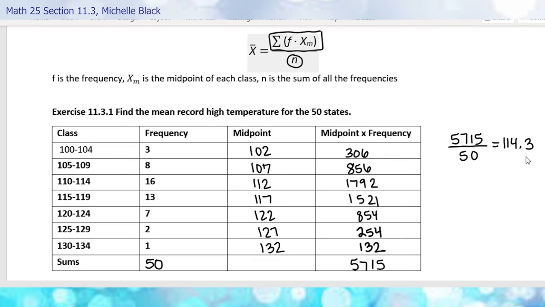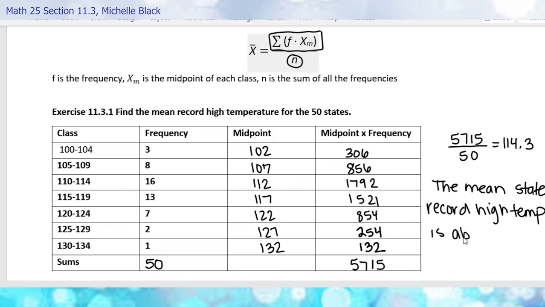Well, this is the mean for our grouped data, and our grouped data was talking about record high temperatures for the 50 states. So what this number is saying is the mean state record high temperature is about 114.3 degrees.